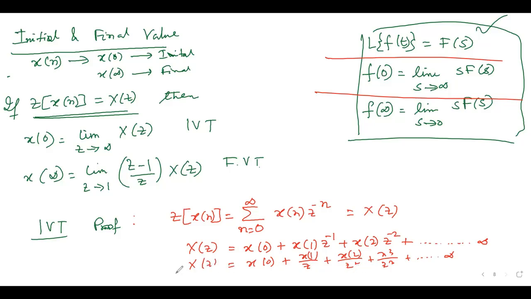If you put z equal to infinity, all terms will vanish. So in the right hand side we have only x(0). So let us write limit z tends to infinity X(z). All terms will vanish, only x(0). So the initial value x(0) is equal to limit z tends to infinity X(z). Similarly you can prove the final value theorem also.